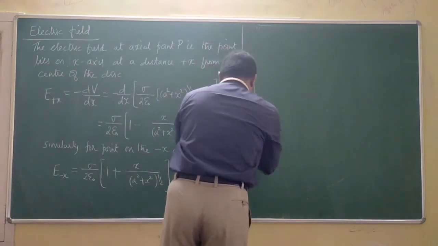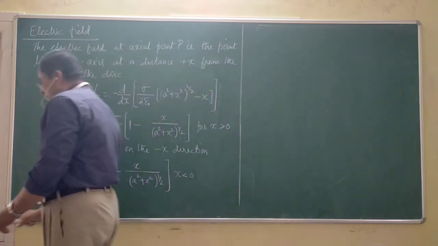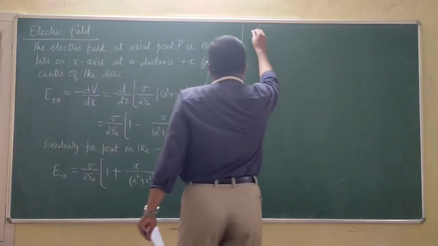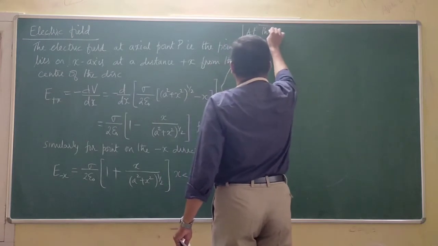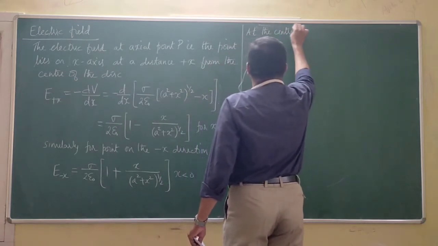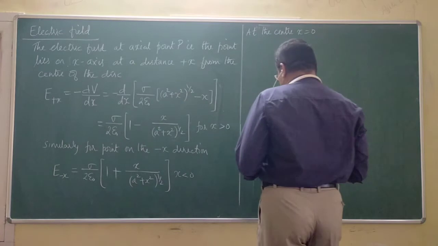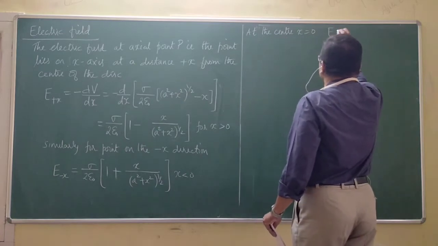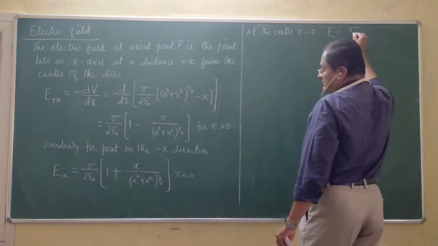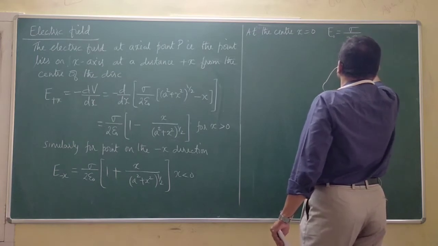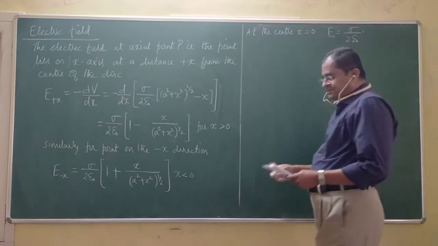Center, x is equal to 0. Therefore, E naught will be sigma upon 2 epsilon naught. No harm in this.